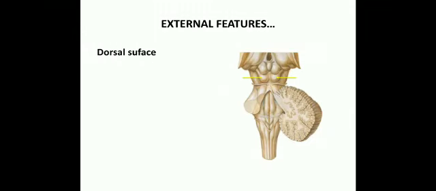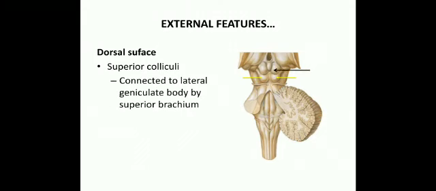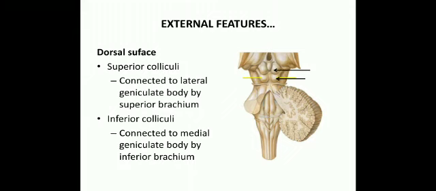The dorsal surface is related to the superior colliculi, which is connected to the lateral geniculate body by the superior brachium, and the inferior colliculi, which is connected to the medial geniculate body by the inferior brachium. So, the superior colliculi is connected to the lateral geniculate body, whereas the inferior colliculi is connected to the medial geniculate body.